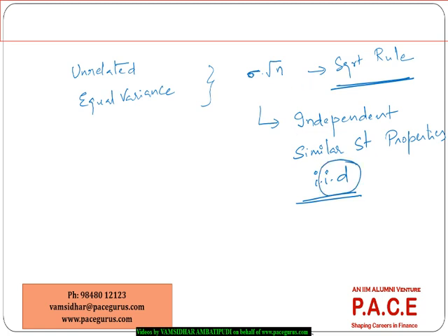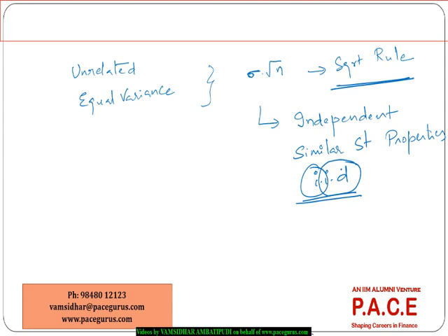So their statistical distribution is more or less identical and they are independent. Whenever we come across these kinds of IIDs, which means their variance is more or less the same and the correlation between them is 0, in that case, if I want to find out the standard deviation of the portfolio, I can very well take it as sigma times square root of n.